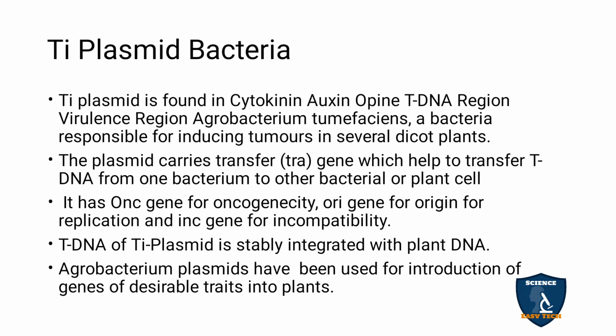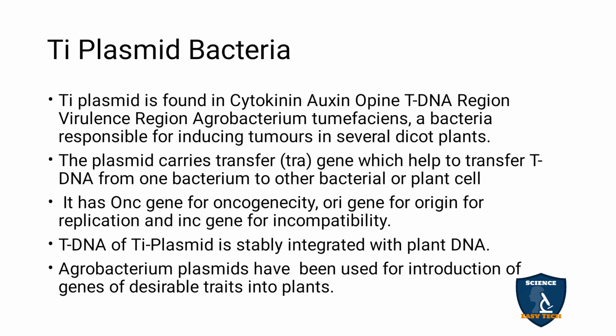Agrobacterium plasmids have been used for the introduction of genes of desirable traits in plants, like vigorous varieties, disease resistant varieties and high yield. For that reason they insert these Ti plasmids in plants.